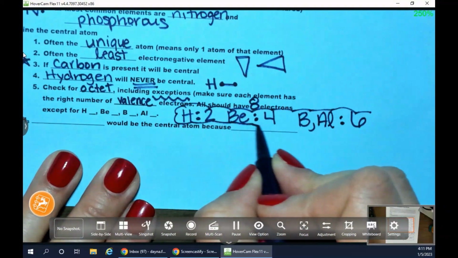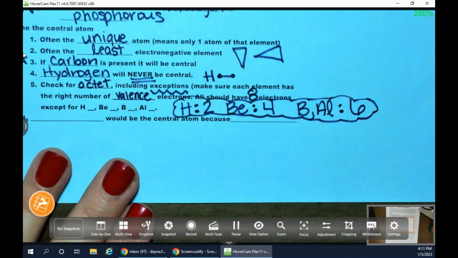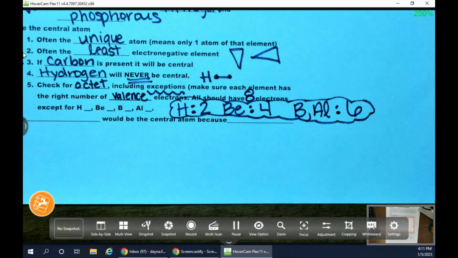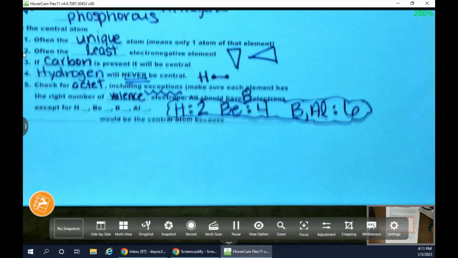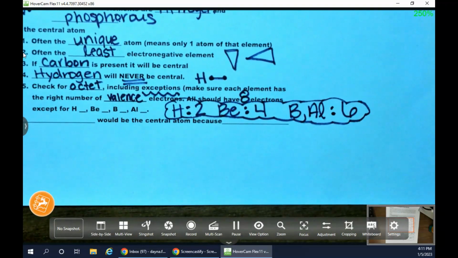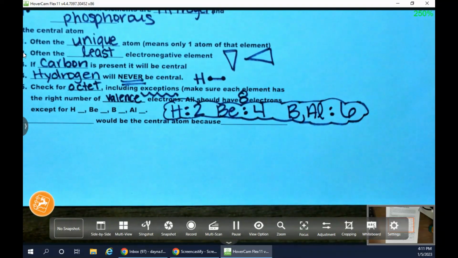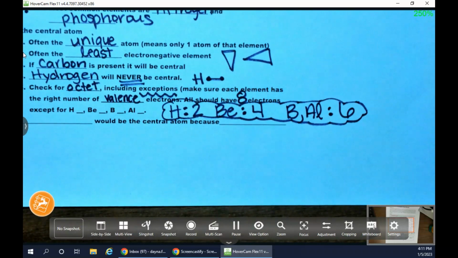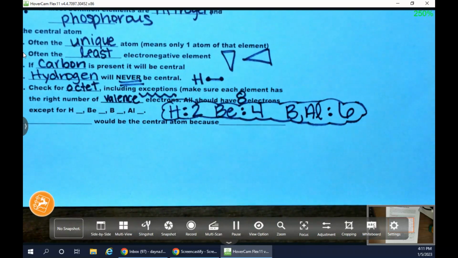Now, does it bother anyone that we included beryllium, aluminum, and possibly boron? If it doesn't, then what's wrong with you? No, I'm just kidding. But it should bother you a little bit because you're like, okay, that's a metal. That's on the metal side. It's an alkali earth metal, right? And you're just kind of like, how is this? I know. That whole row gets a little complicated.